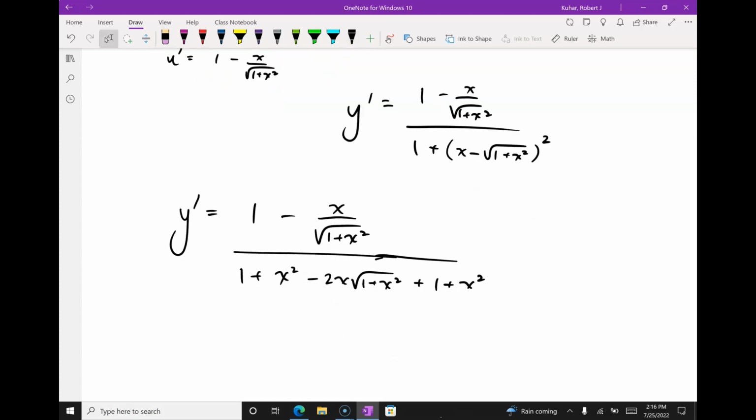I was hoping something would go away. I don't think it's going to simplify, so I don't know what to do.